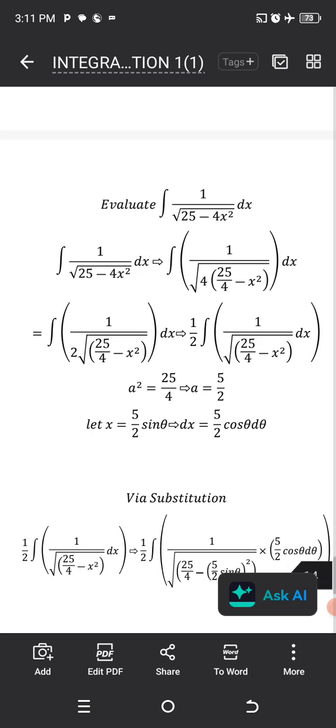Determine your a. So how can we determine our a from here? You can see that this one is different from the initial format, but you can make it comparable by applying the factorization method.